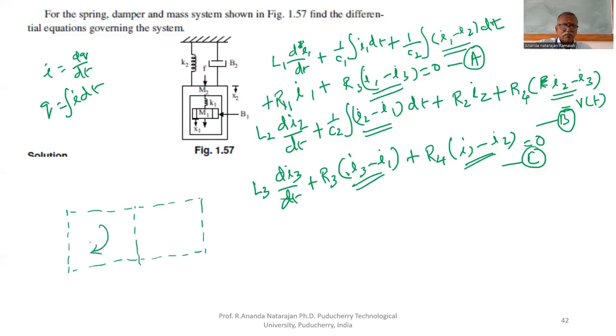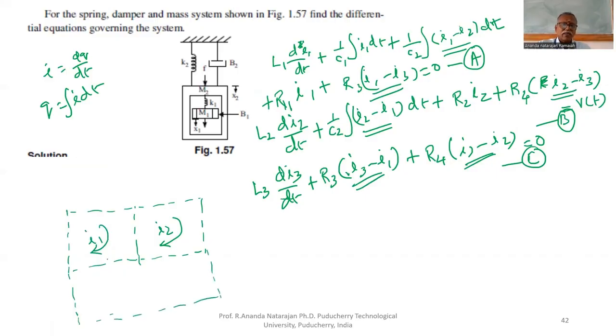This is I1, this is I2. No problem. I1 minus I2 automatically you will get. We need I1 minus I3. Therefore, the third loop should be adjacent to the first loop as well as the second loop.